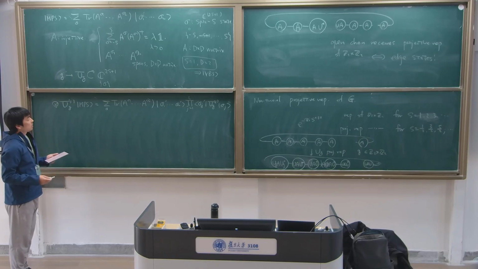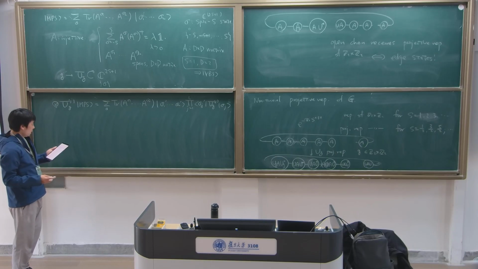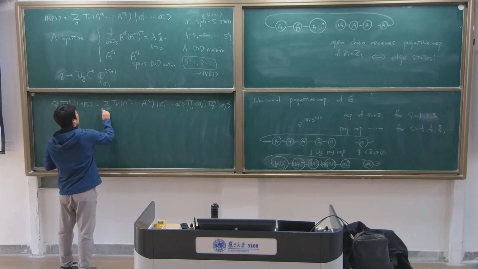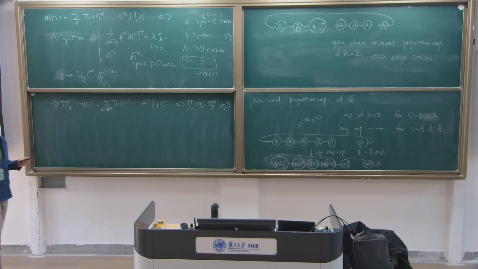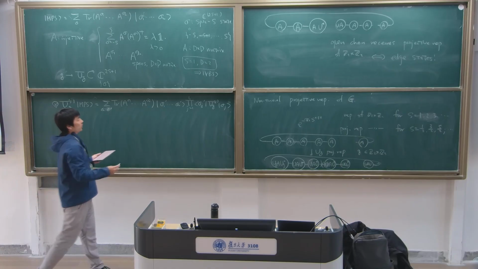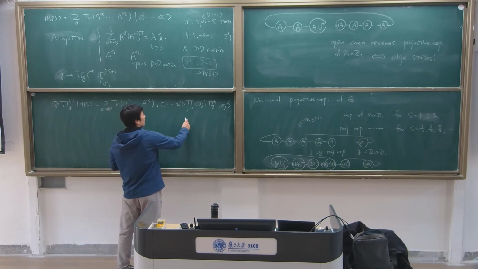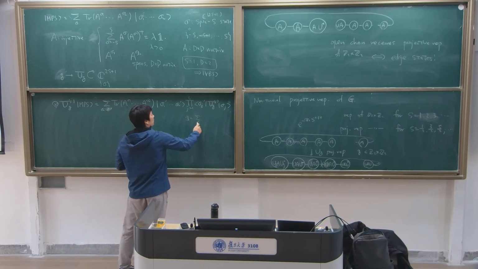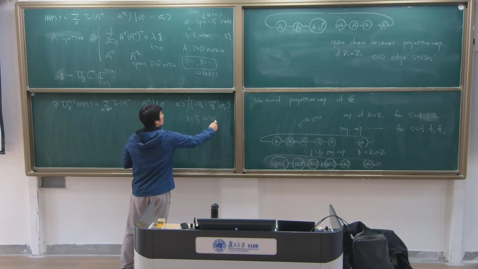So, but sigma prime. Okay. So here I put the identity, that the identity is equal to the sum of sigma prime and sigma prime at each site.